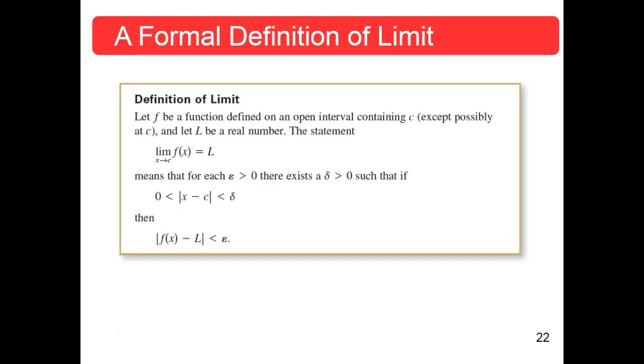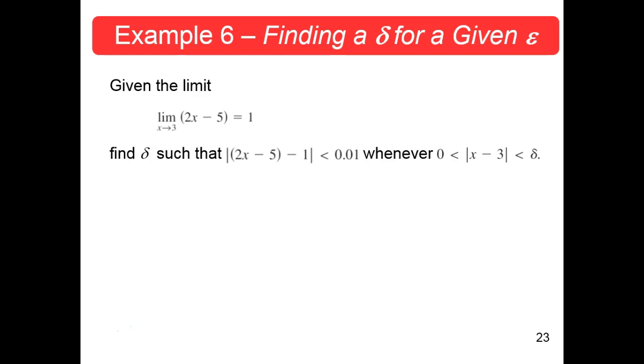Now, example 6 is in your text, so let's hit it. Given the limit as x approaches 3 of 2x minus 5, we know that's equal to 1. Practically, when we're doing limits, the first thing you always do is plug it in and see if it works.